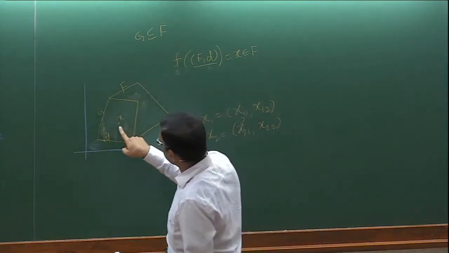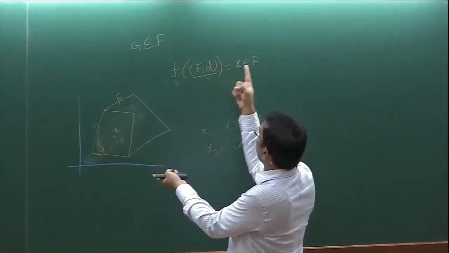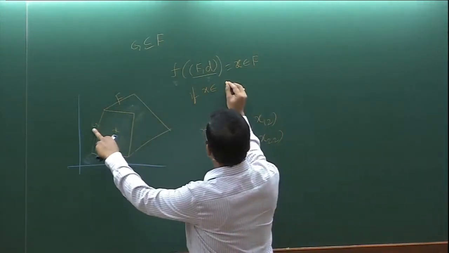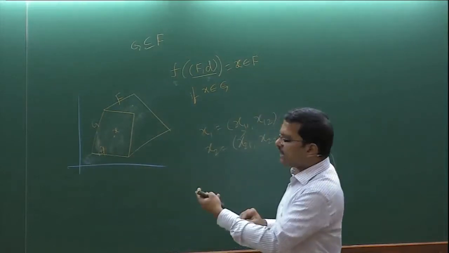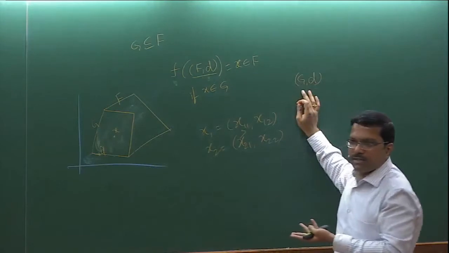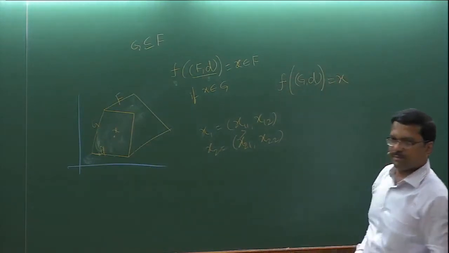Now if this X is a solution to the full problem instance F comma D, and if that X falls in this set G, then we also have G comma D, another bargaining problem instance. Now the bargaining solution should select the same X. Why?